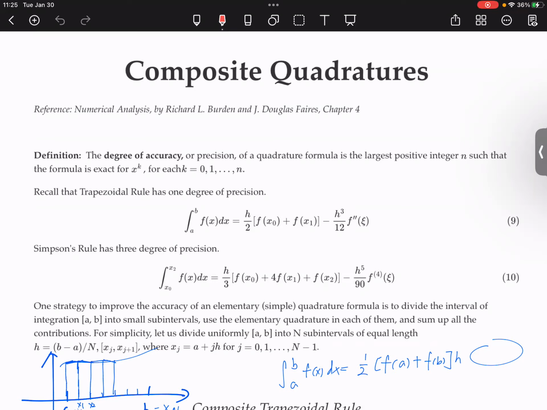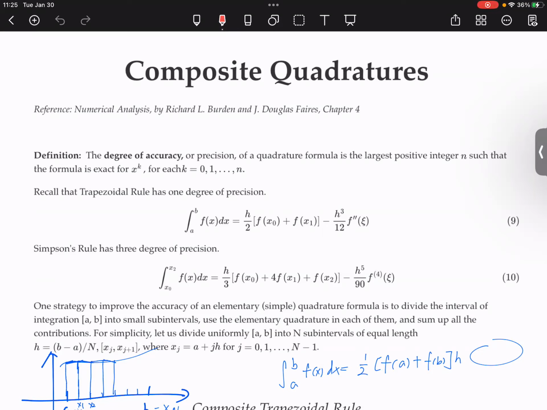So here we have n nodal points, and we can have at most 2n minus 1 degree of precision. But here we have the trapezoidal rule with 2 nodal points, and we only have 1 degree of precision. And what about Simpson's rule?